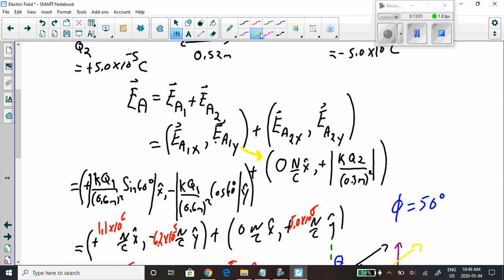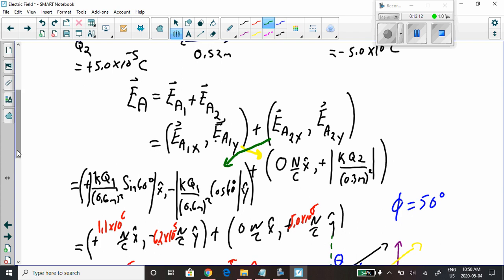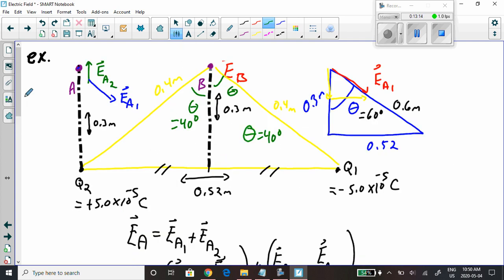Now, this one right here, okay? This ordered pair I'm going to calculate from here. So, what do I need to know? Well, I need to know how much charge I have here for Q1. I'm given it. But then I also need to know this distance right there, the distance from Q1 to that point in space A. Well, how am I going to calculate that?